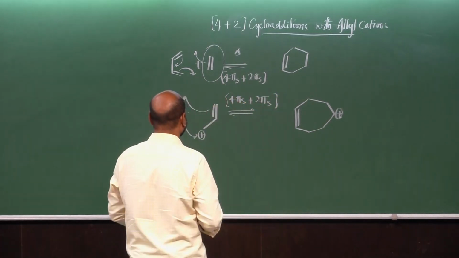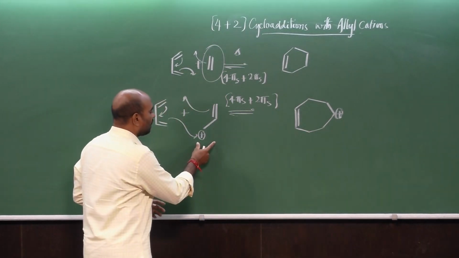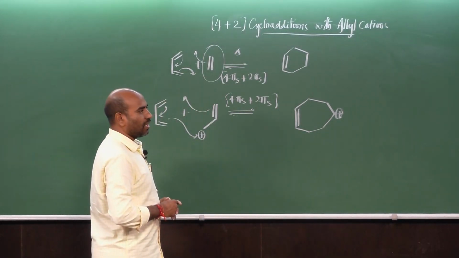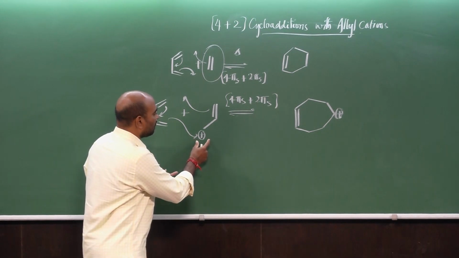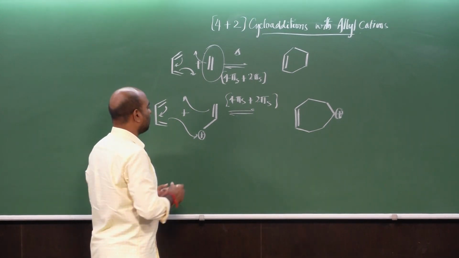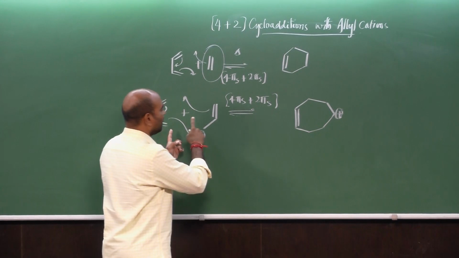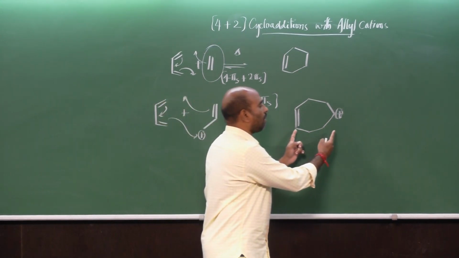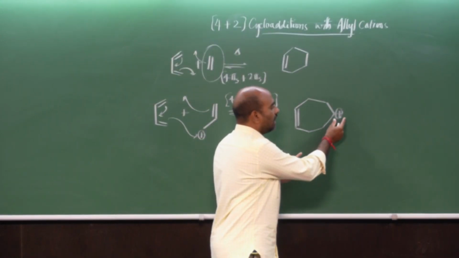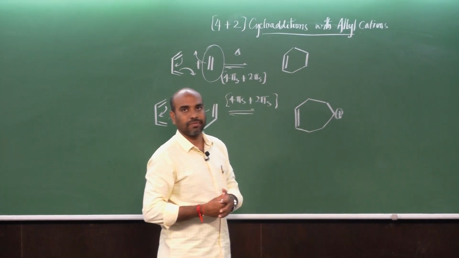That is what you can see here: the reactant is a charged species, and without disturbing the charge, the pericyclic reaction happens and forms a product still holding the same charge, right.